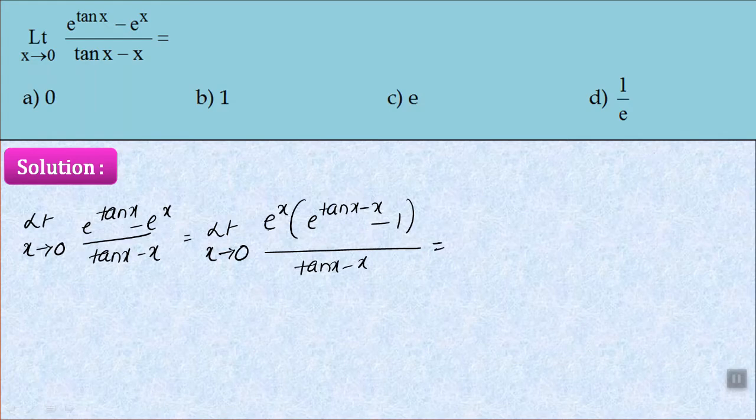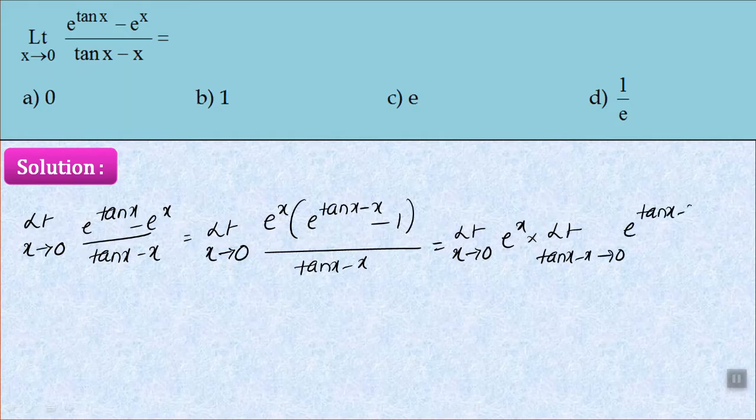Applying the limit, it is limit x tends to 0 e power x into limit (tan x minus x) tends to 0, (e power (tan x minus x) minus 1) divided by (tan x minus x).